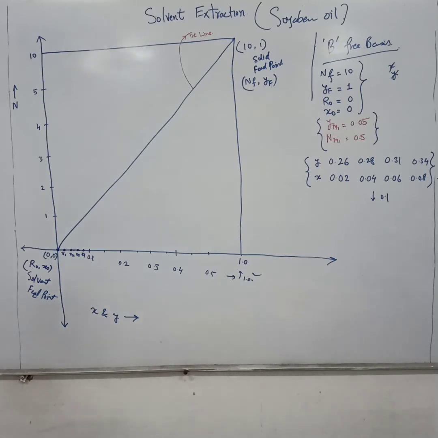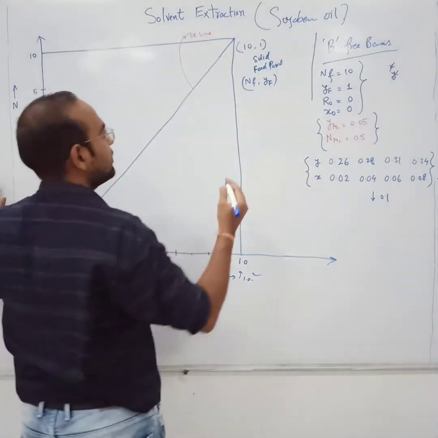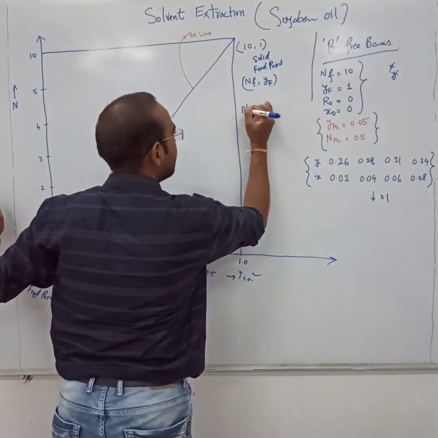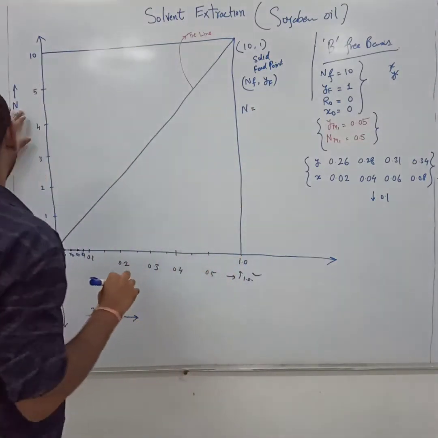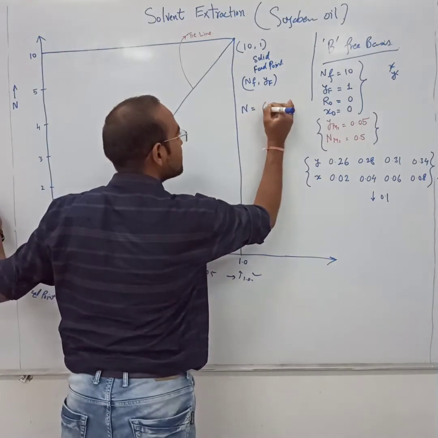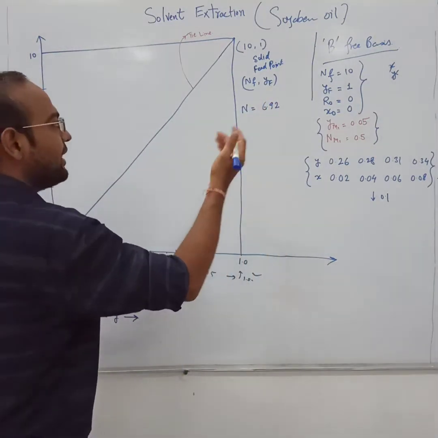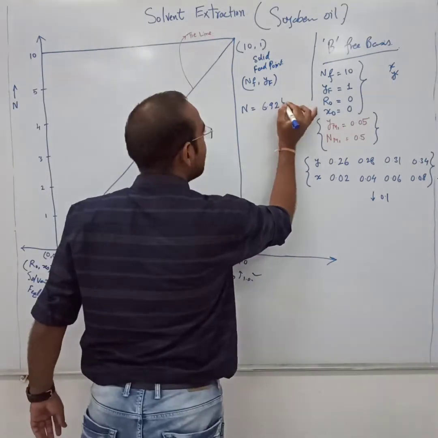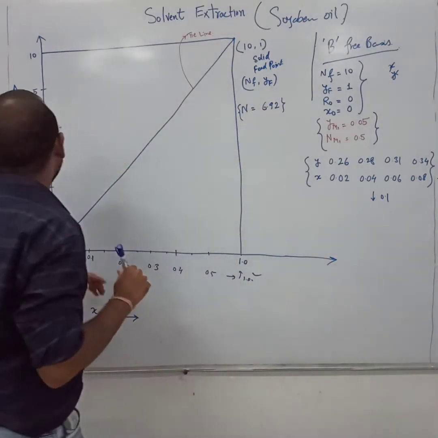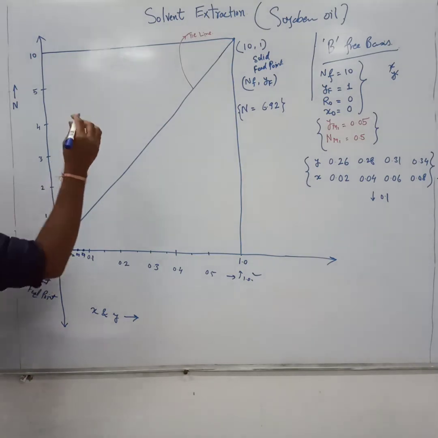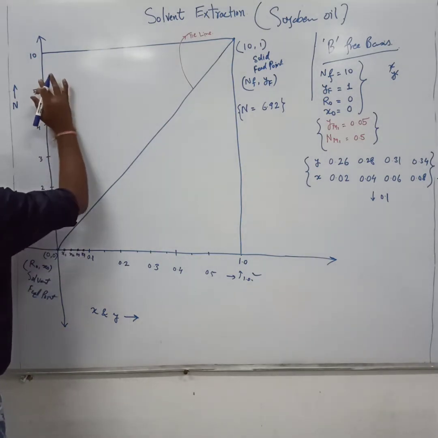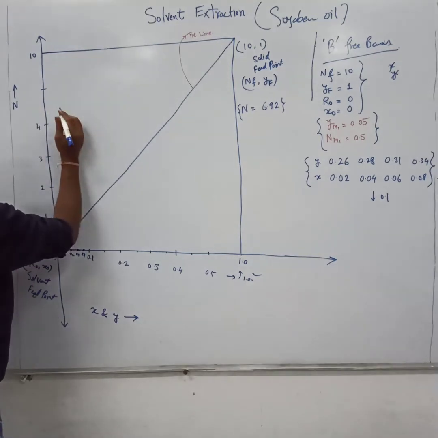Okay, before that we need to calculate the value of capital N, which I forgot to find. Capital N is 6.92. How it is calculated I will explain later, but this is the value of N, that is 6.92. I just made a correction here.